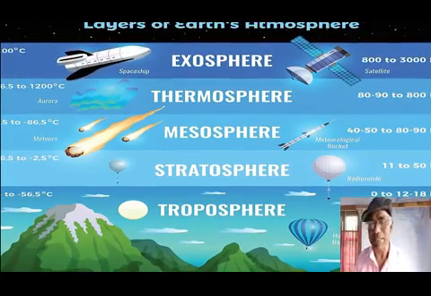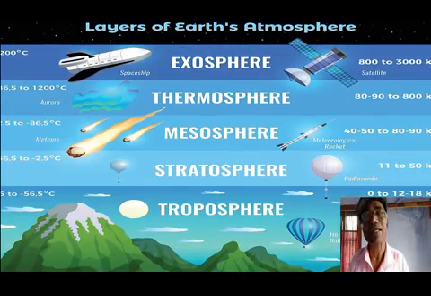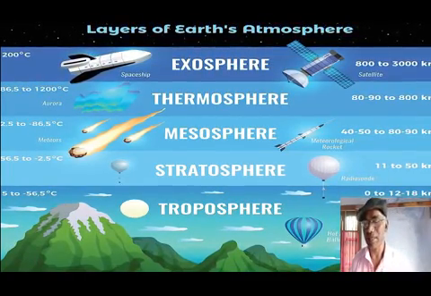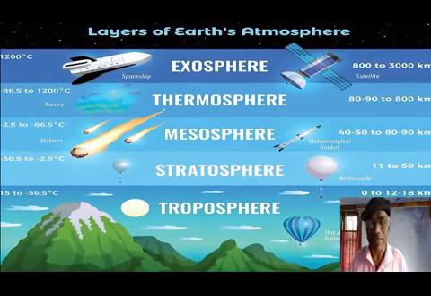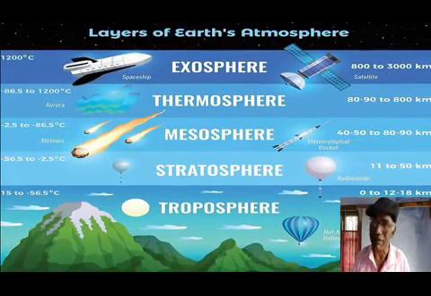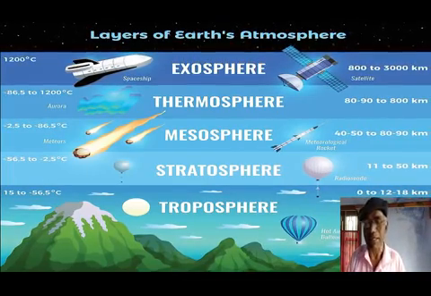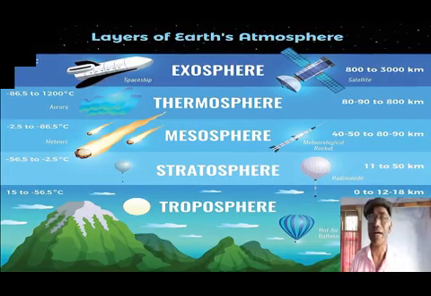According to the experts, the layers of atmosphere can be classified in two ways. First, according to the presence of chemical components of gases. Second, according to the changes of temperature in the atmosphere.